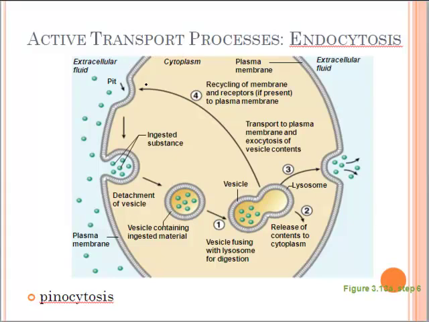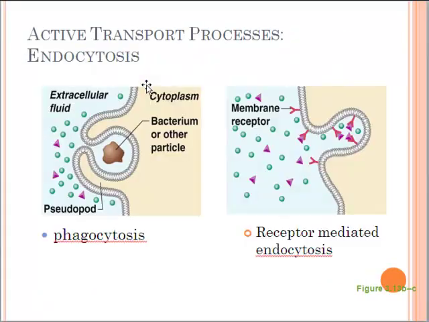So that is endocytosis. So in both cases, we're moving large substances either inside or outside of the cell. In endocytosis, there's a couple special names for different types of endocytosis. One is called phagocytosis. In phagocytosis, we're bringing in, it's called cell eating.